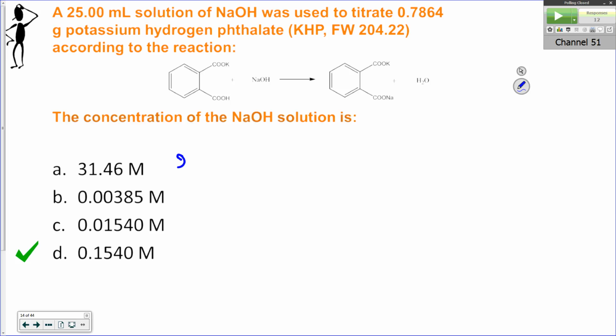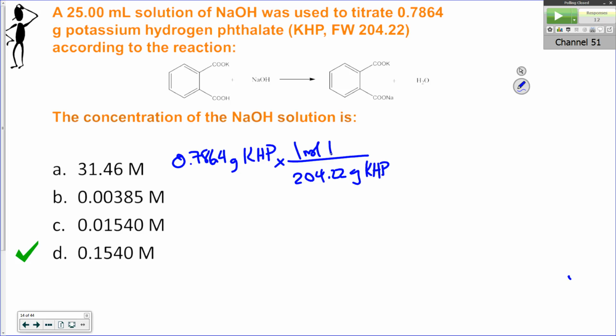You've got a certain mass of KHP. Go from grams to moles. So 204.22 grams of KHP for a mole of KHP.